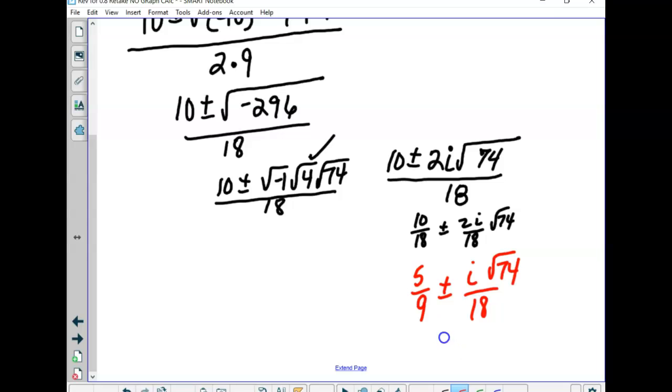Did anybody else get that? I have a key somewhere so I don't make a silly mistake, but is that right? It would be 9. Thank you. 2 18ths reduces to 1 9. Yeah, thank you, please. Oh, I hate when I do that, and on the video, no less. 2 18ths reduces to 1 9.